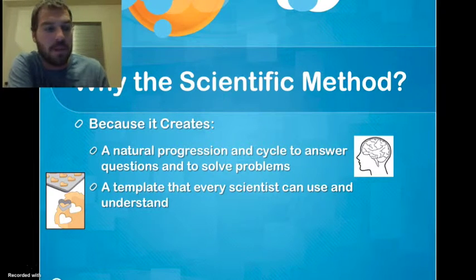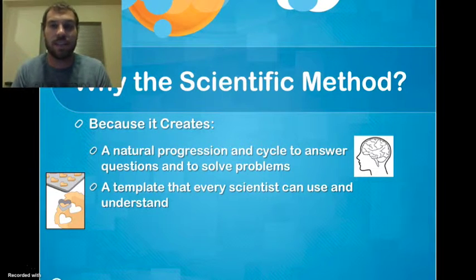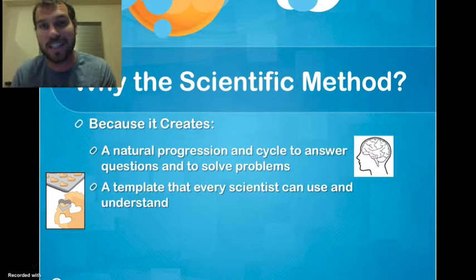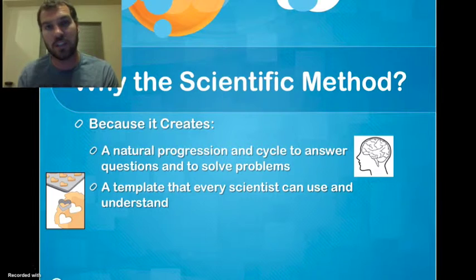The scientific method is just like a cookie cutter. The science inside of it, like the ingredients, might be completely different, but we use this form to structure our science so that other people can understand it. It also helps us when we read scientific investigations so that we understand what other scientists are doing too.